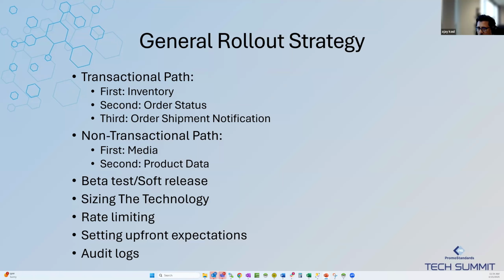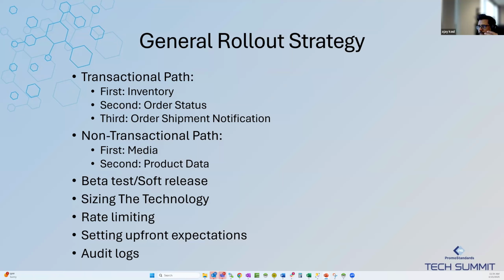Sizing the right technology is really helpful, to understand how you want to build the infrastructure depending on the features that you are consuming. Some of the PromoStandards API calls are really verbose with heavier payloads. So whatever infrastructure you choose, make sure you have the ability to adjust to that payload size.